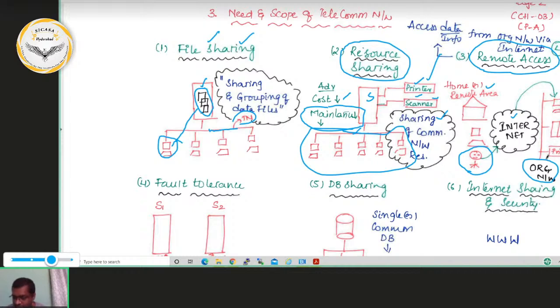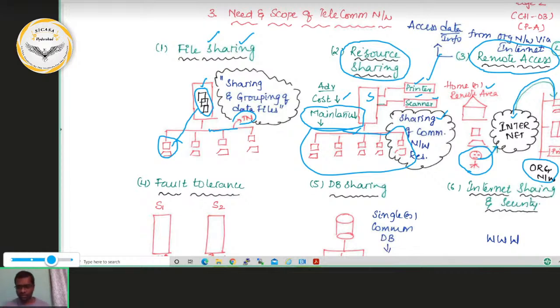Remote access is when a user from a remote area, using the internet, is connected to the organization network. Next one is fault tolerance.